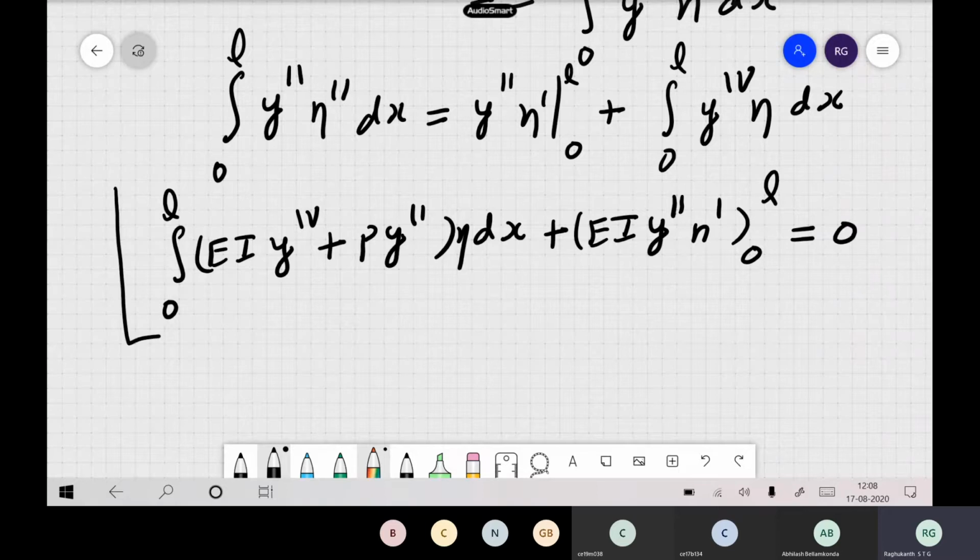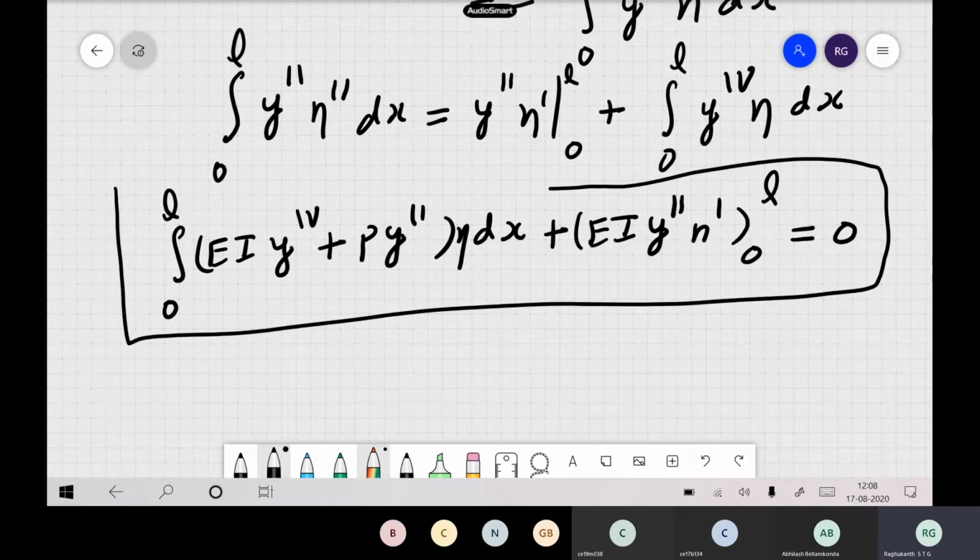So this is our final expression after minimizing the functional.